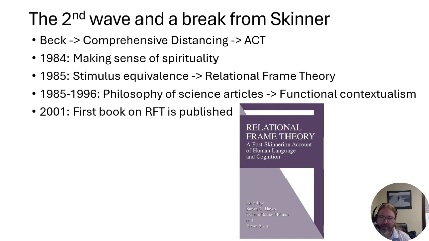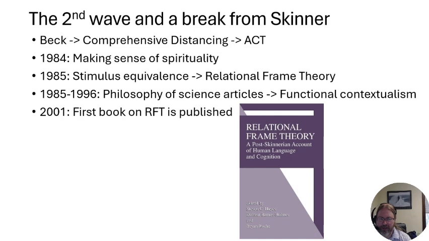So in that intermediate period between 1985 and 1996, and then into the early 2000s, when there is this break, there's a lot of work from Steve Hayes and colleagues on the philosophy of science.